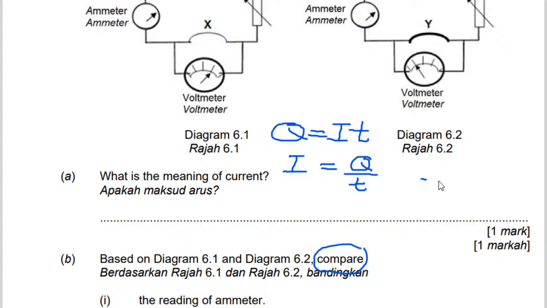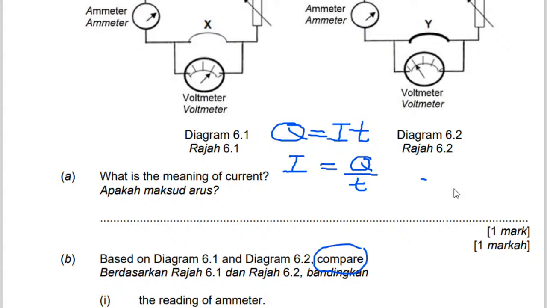Understand? Or the other answers above, like rate of flow of charge, from Vincent, Jason, and Chang Hong, are all correct. Because time here means rate, divided by time. So rate of flow of charge, and Q is the flow of charge.